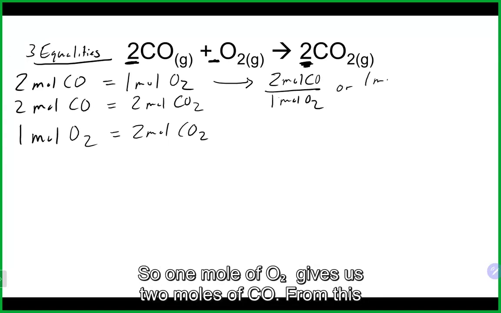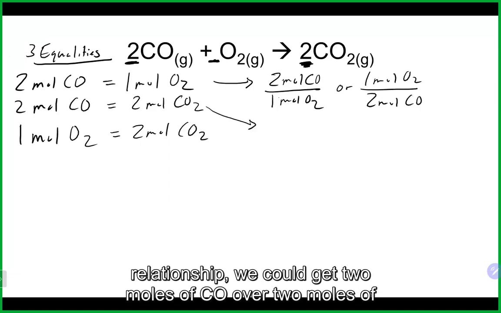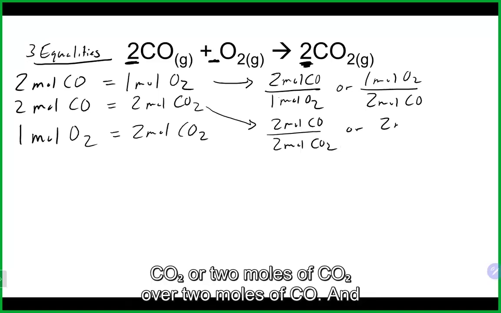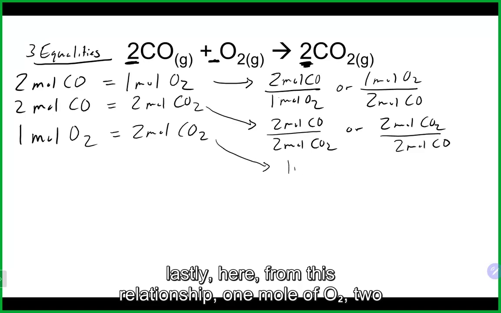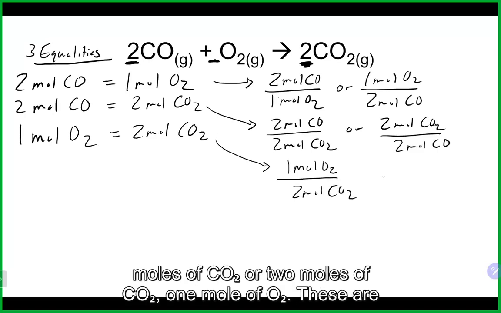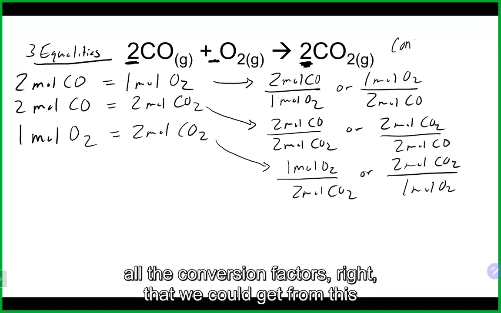So 1 mole of O2 over 2 moles of CO. From this relationship, we could get 2 moles of CO over 2 moles of CO2, or 2 moles of CO2 over 2 moles of CO. And lastly, from this relationship, 1 mole of O2 over 2 moles of CO2, or 2 moles of CO2 over 1 mole of O2. These are all the conversion factors that we could get from this equation.